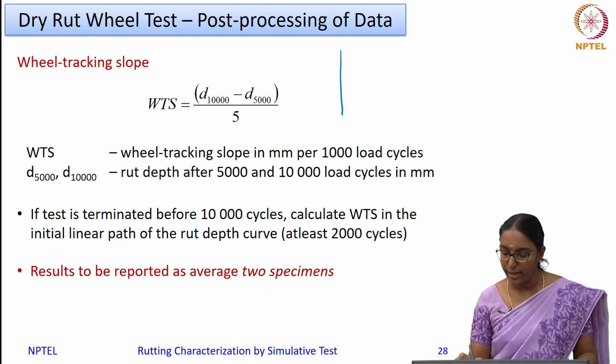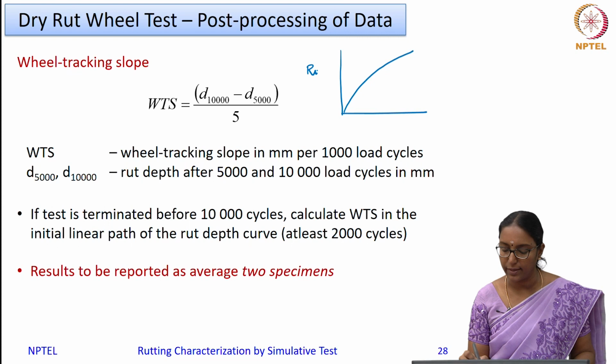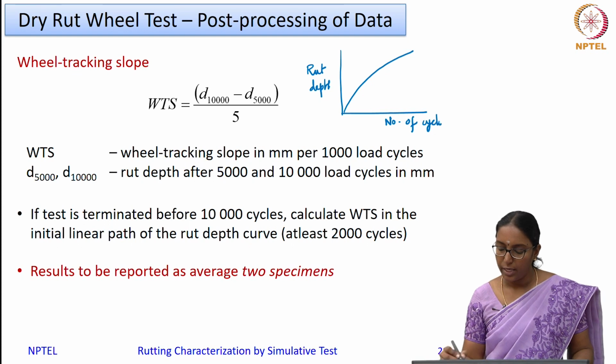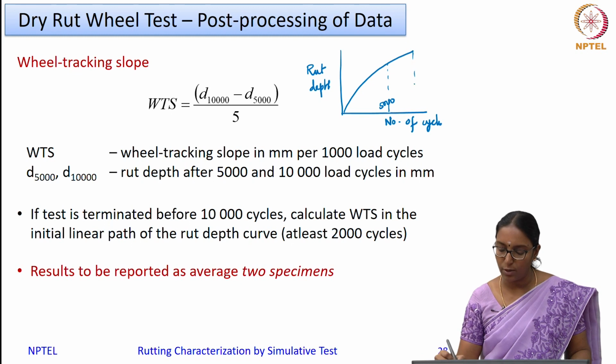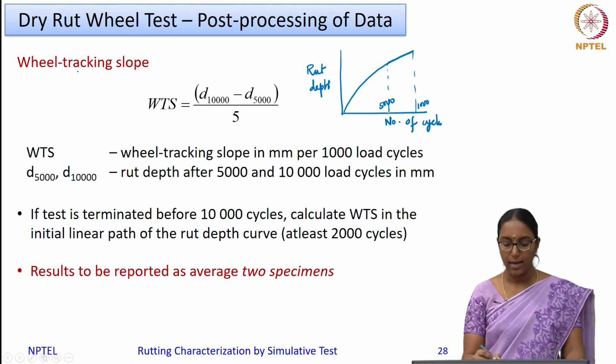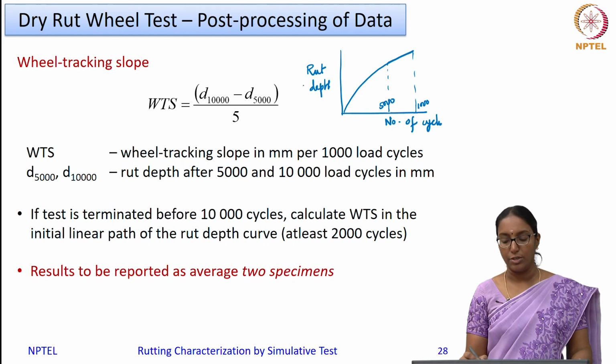So, suppose this is your rutting progression, say rut depth versus the number of cycles. You measure the rut depth at the 5,000th cycle and then the 10,000th cycle, and the slope of this portion is denoted as the wheel tracking slope. So, it is (d10,000 minus d5,000) by 5,000, into 100.